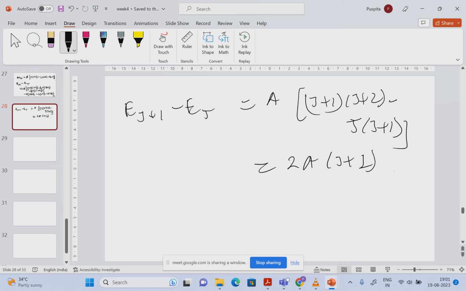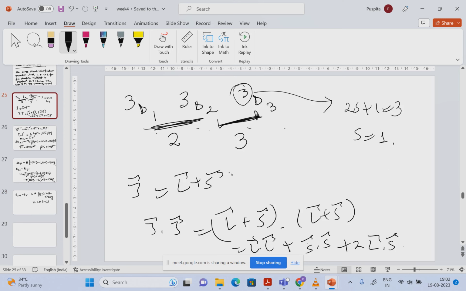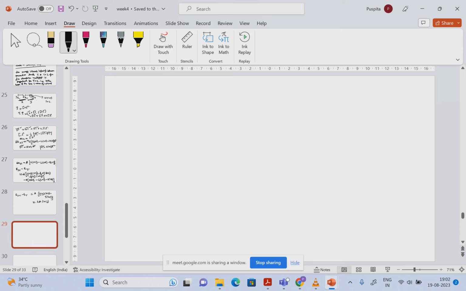Here comes the energy spacing. The spacing between these two will be less compared to these two.